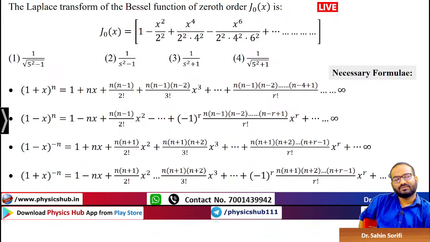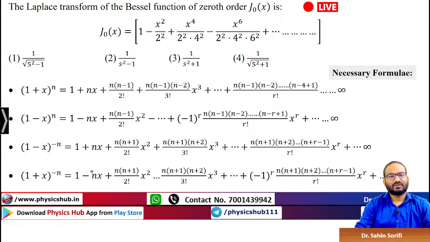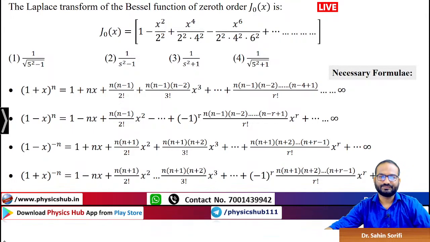This formula you will be required to use. Look, taking the Laplace transform is easy, but putting it into a compact form will be a little bit complicated. That you have to do with the help of this binomial expansion formula. So we will try this at home.